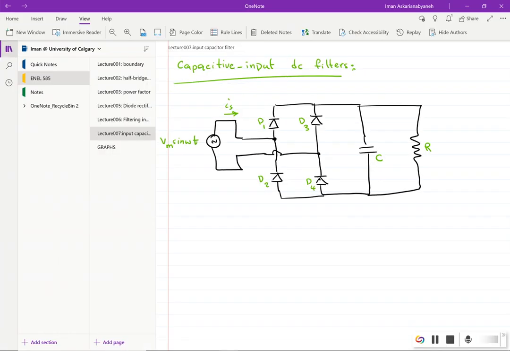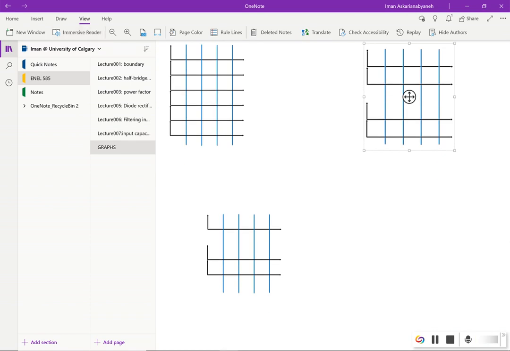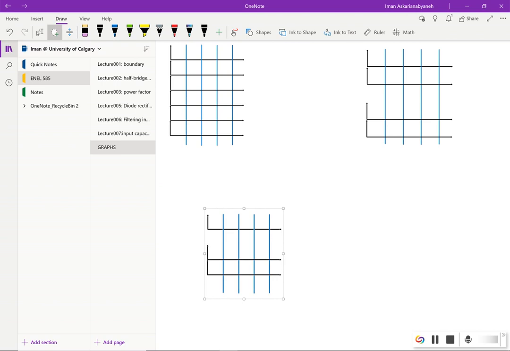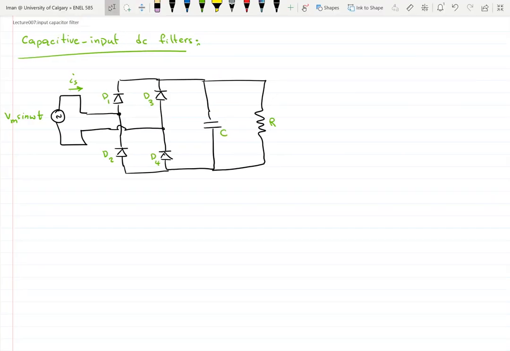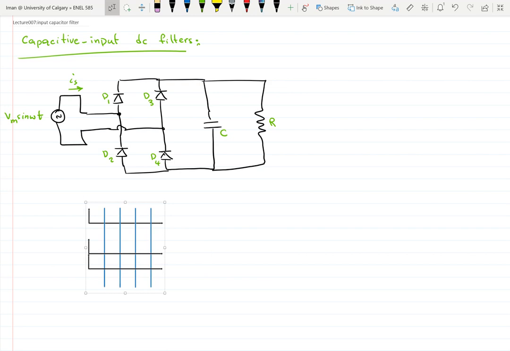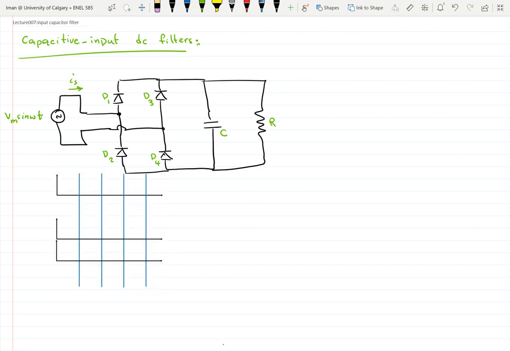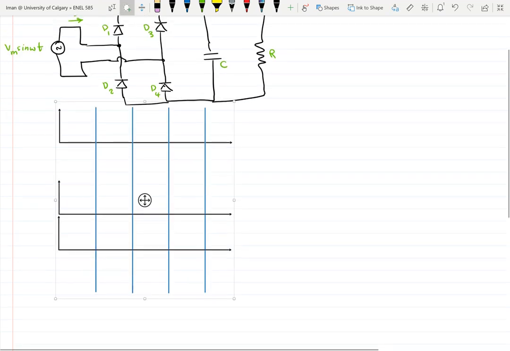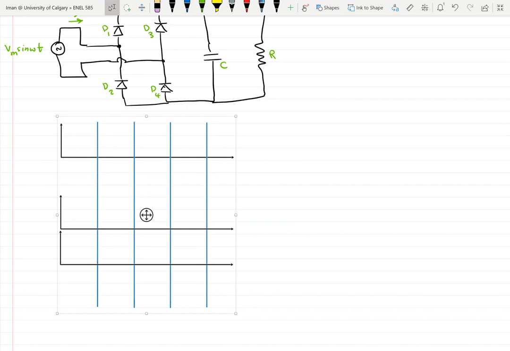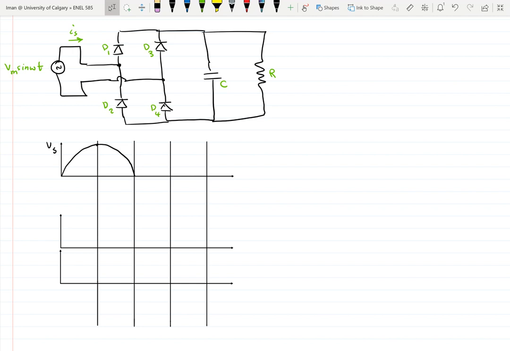So now let's look at the waveforms of this circuit. It's a little bit different than how that inductive one worked, so the analysis is also a little bit different. If this is V_s, a rectified voltage, like this, which is the input, the source voltage, and this is Vm.